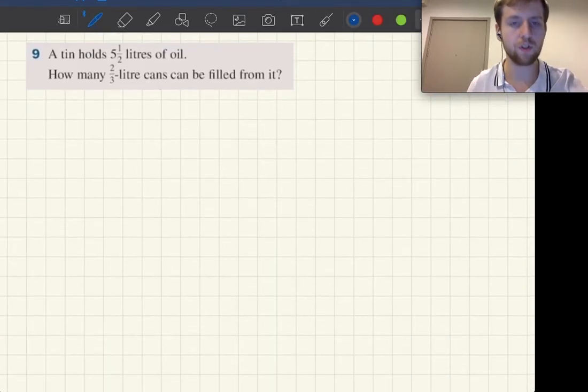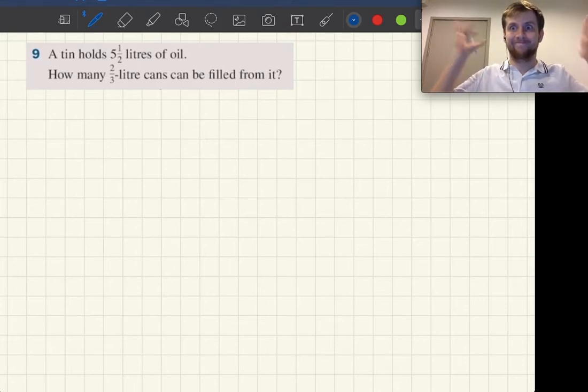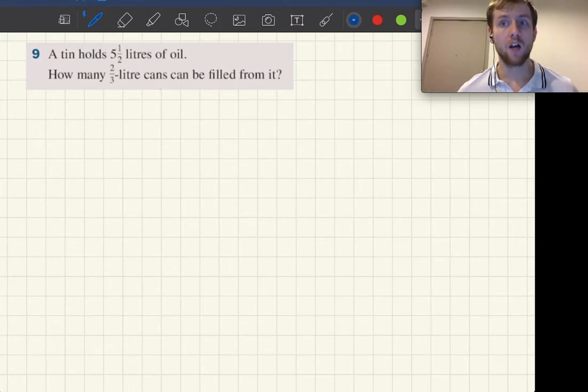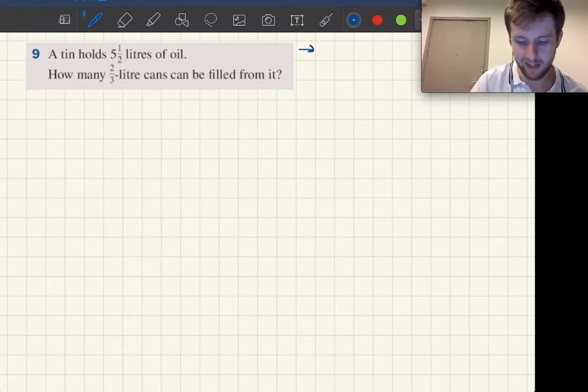So a tin holds 5 and 1/2 liters of oil. How many 2/3 liter cans can be filled from it? So what we have to do is normally, let's say if there's 10 liters of oil, let's replace it.